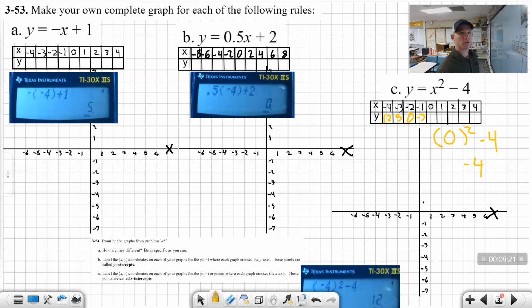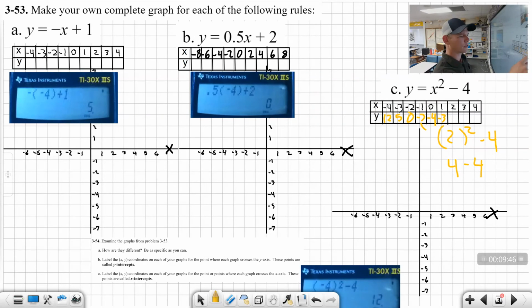0 squared, 0 times 0 is 0. Minus 4 is -4. You are just writing, following along. 1 squared is 1. This looks familiar. It's -3. Curious, I already had that answer. Okay, let's keep going. 2 squared is 4 minus 4.